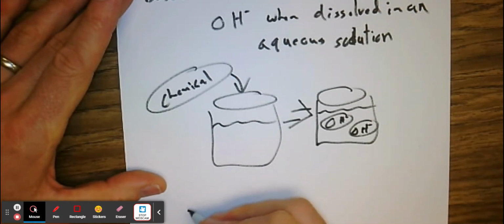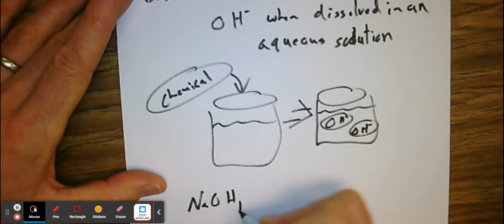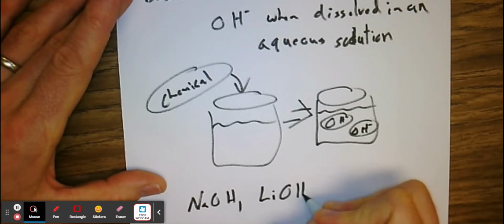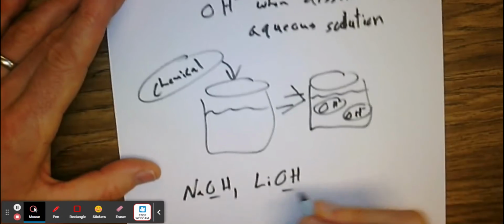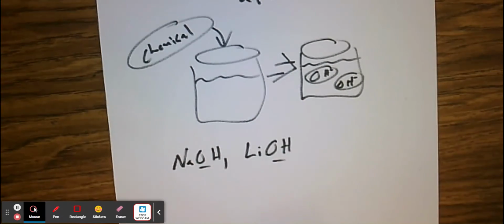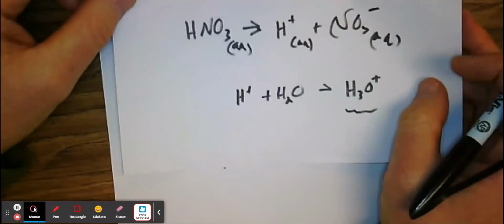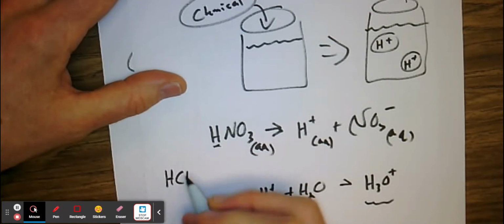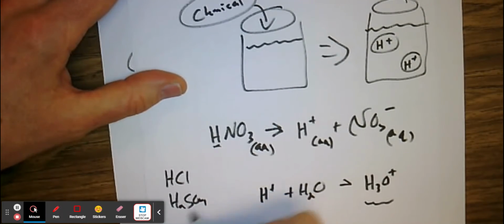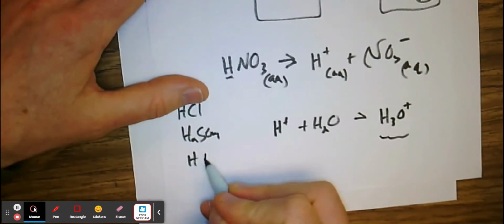Now, these are things like NaOH, LiOH. It's easy to see why these are bases, according to this definition. Anything with hydroxide as an anion. Just like with acids, it's easy to see, like HCl, H2SO4, hydrogen bromide.